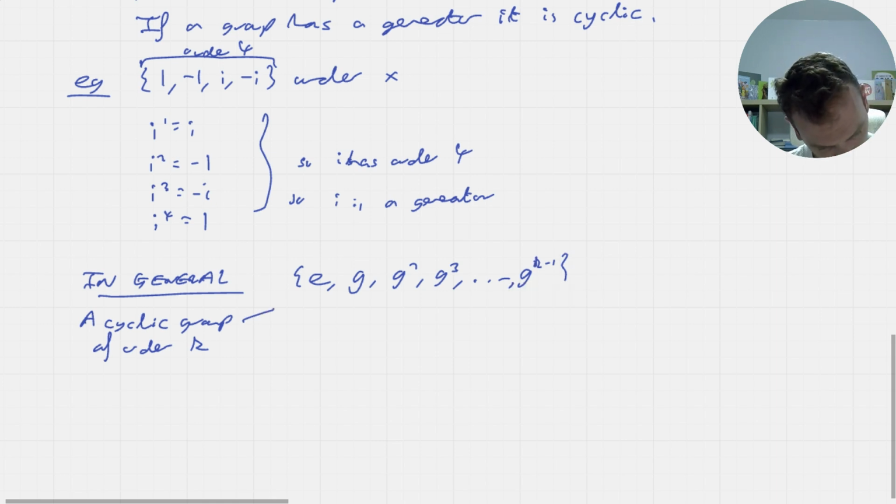So this is what any cyclic group of order k looks like. And for any value of k, you'll always be able to find a cyclic group of that size. Next video, we'll start looking at these isomorphisms.